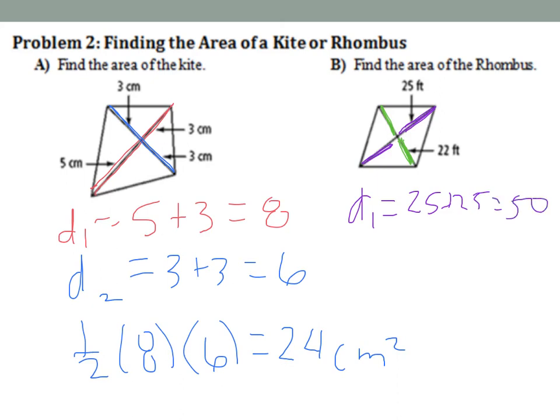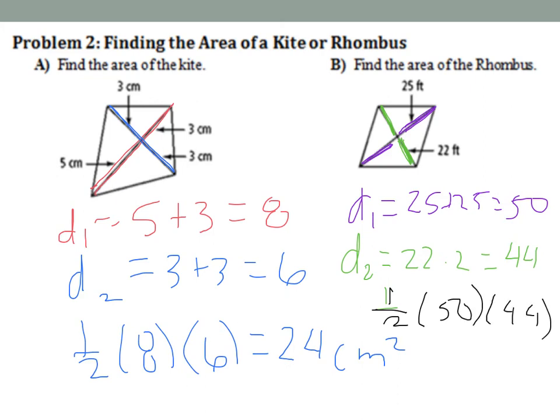My second, the green, D2, would be 22 times 2, which is 44. So I have 1/2 times 50 times 44, which will give me 1,100 feet squared.